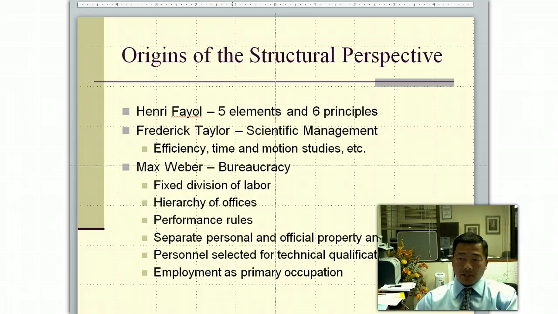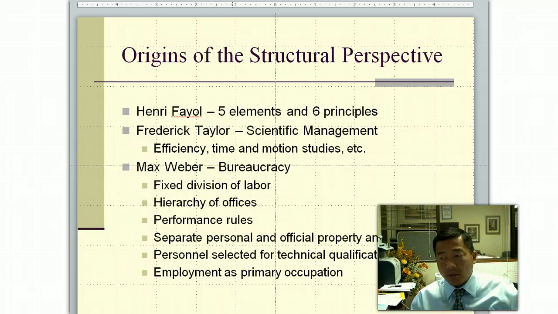Second, proper selection of worker for the job is critical. Third, training the worker based on the results of the time and motion study is important for success. And then fourth, because of inherent differences between manager and worker, Taylor advocates clear division of labor. He believed that managers are best suited for thinking, planning, and administrative tasks, while workers are best suited for laboring.